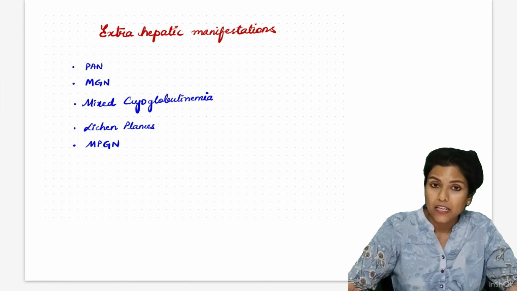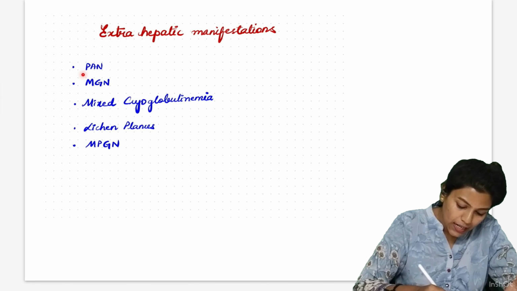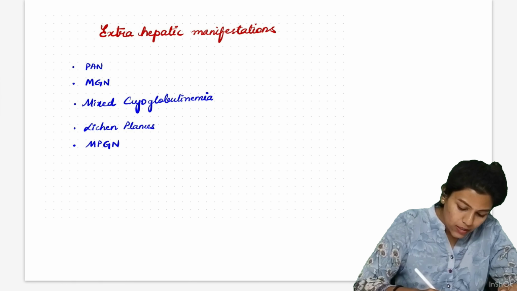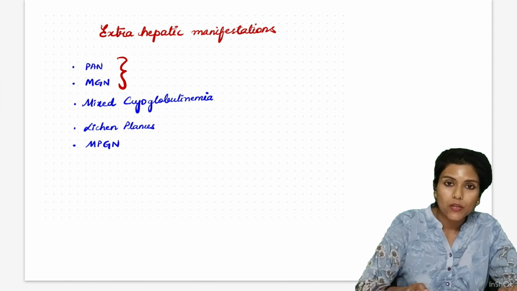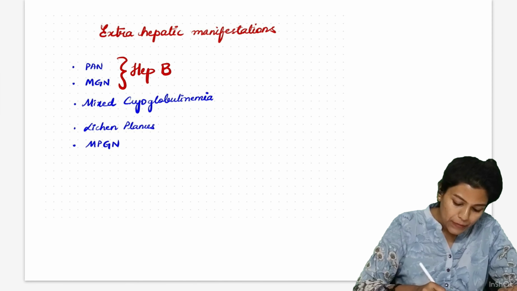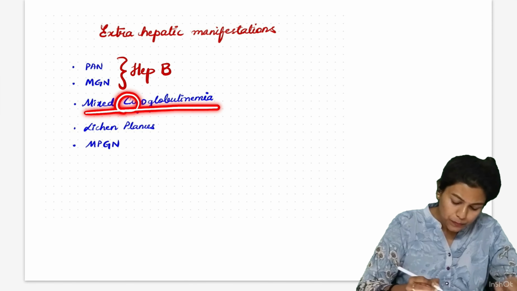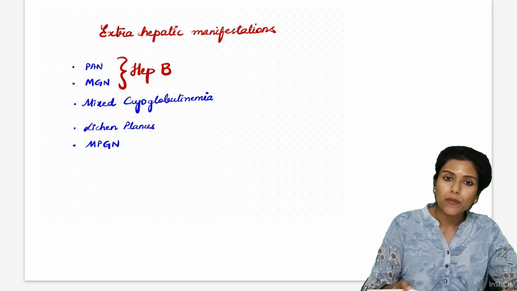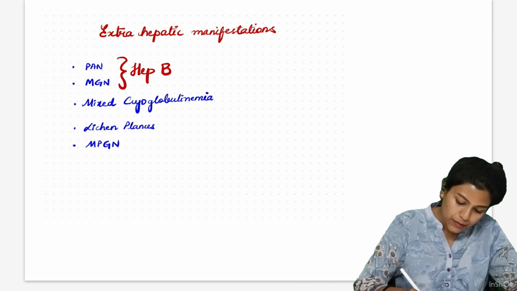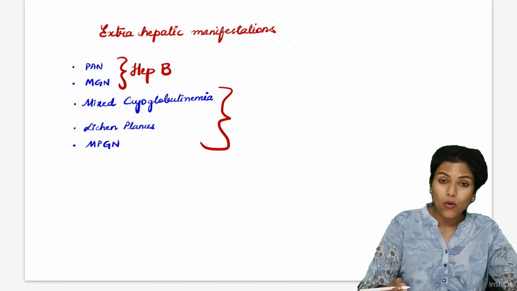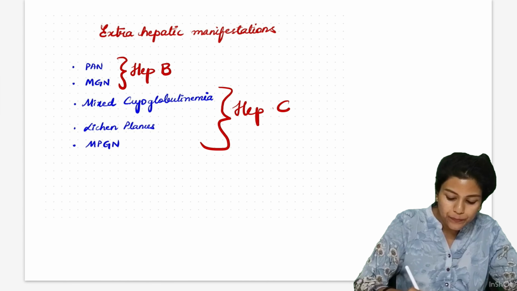There can be extrahepatic manifestations like polyarteritis nodosa and membranous glomerulonephritis, seen more commonly as complications of hepatitis B. And mixed cryoglobulinemia, lichen planus, and membranoproliferative glomerulonephritis, all these three are extrahepatic complications of hepatitis C.